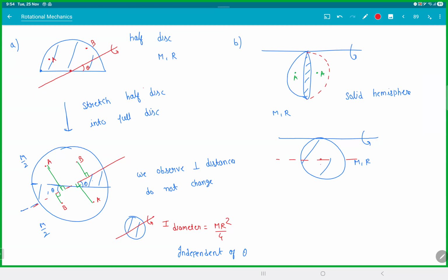Through the center, I center of mass we know is 2 by 5 MR squared. We can use the parallel axis theorem. So I_A will be I center of mass plus md squared, which is 7 by 5 MR squared. Is that clear, everyone?